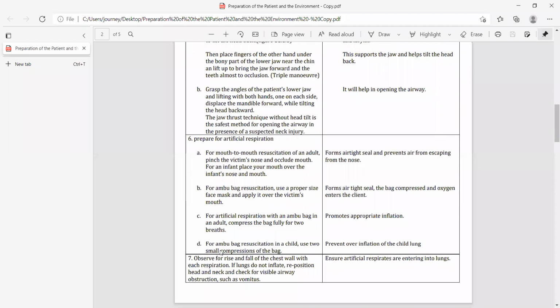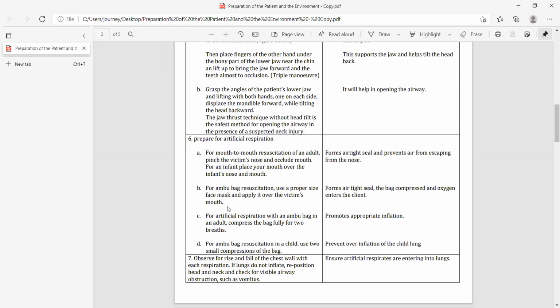Okay, and then for Ambu bag resuscitation, I have already shown the Ambu bag in the articles. So what was the full form of Ambu? Artificial manual breathing unit. Very good. So for Ambu bag resuscitation, you have to use a proper size face mask and apply it over the victim's mouth.